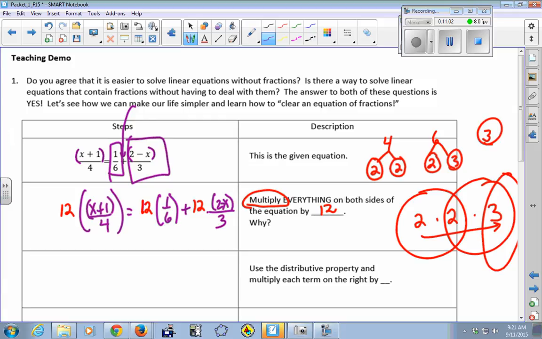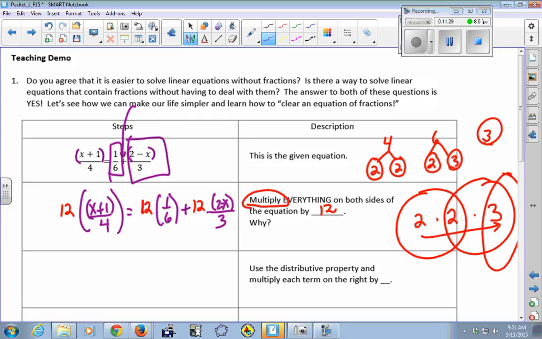Now, this is why I gave you the first problem in 1a. When you have something like this, it doesn't matter. This 4 can move around. It's in the denominator. You could put that 4 under that 12 and call it 3. It doesn't matter. This is multiplication. So it could be 12 over 1 times x plus 1 over 4, or it could be 12 over 4 times x plus 1.